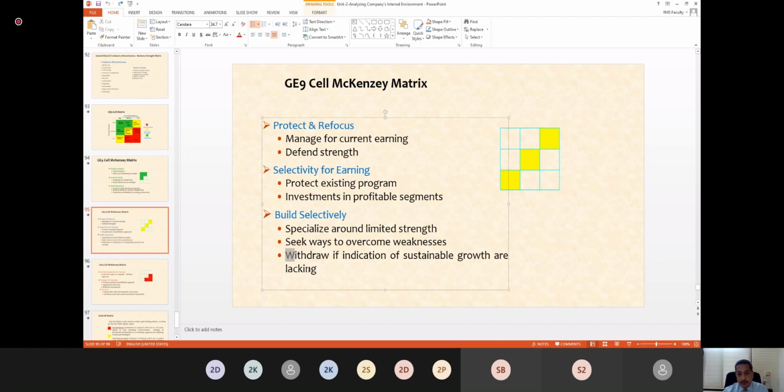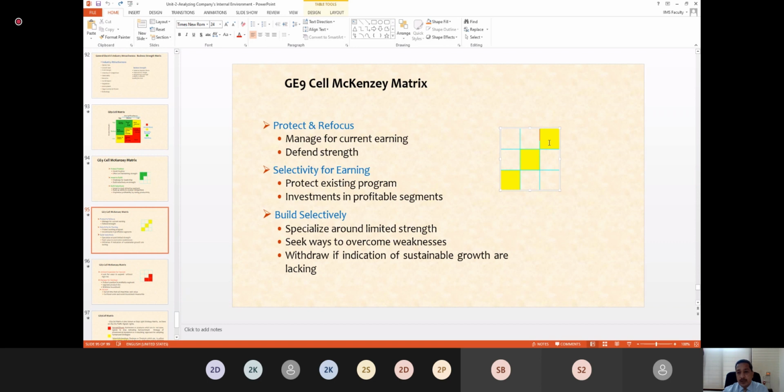So that is the yellow zone which we have discussed, wherein these businesses are not highly attractive or not in a very good position. However, we can give it some thought and decide whether to go ahead or not.